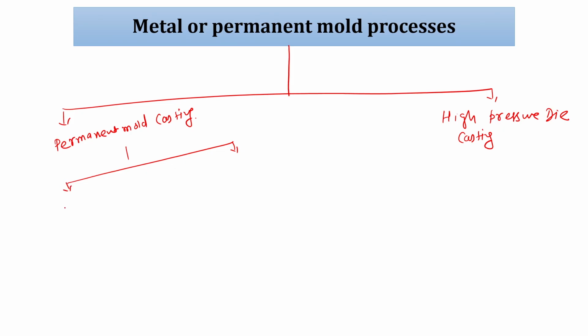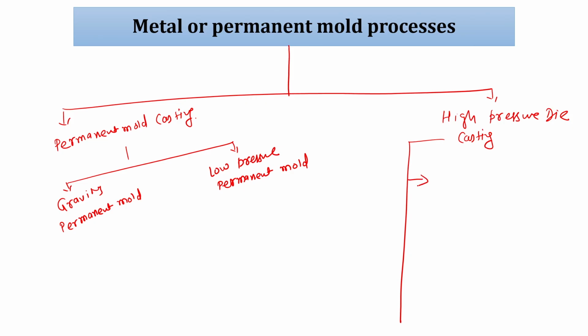Permanent mold casting can be divided into two parts, that is gravity and low pressure mold. High pressure die casting is also known as HPDC. This is a very popular technique.